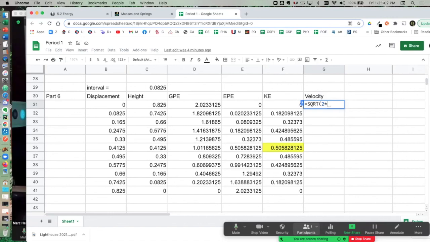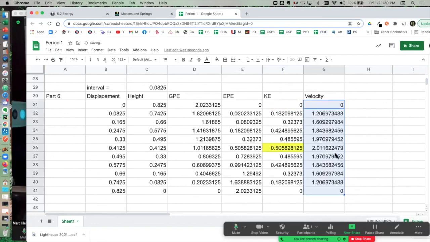Okay. 2 times the kinetic energy. That would be this cell right here, right? And we don't want to dollar sign that. Divide by the mass, which was 0.250, right? 0.250. And the velocity at the top is 0. Go all the way down, the velocity at the bottom is 0.